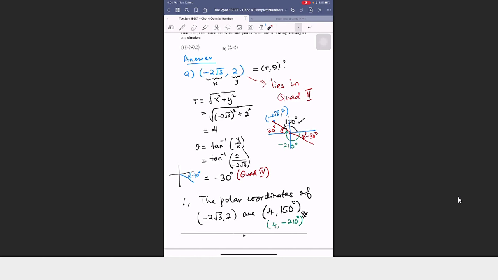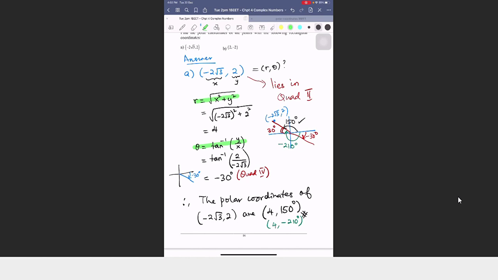You use this formula for R, square root of x squared plus y squared, and then use the formula for theta, which is tangent inverse y over x. So it should be square root of 8, or you can say 2 square root of 2.